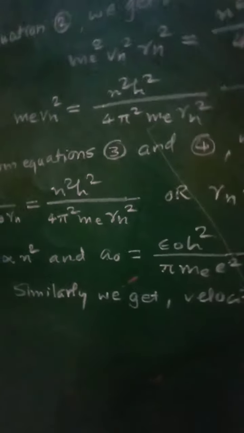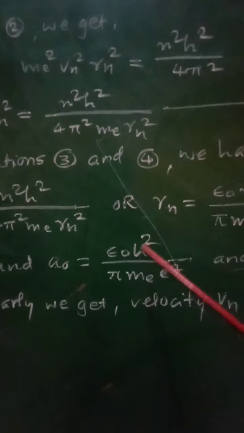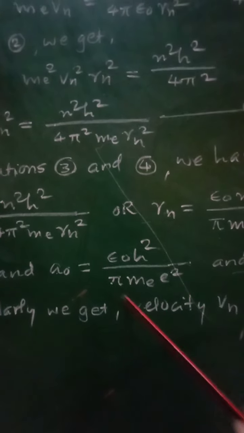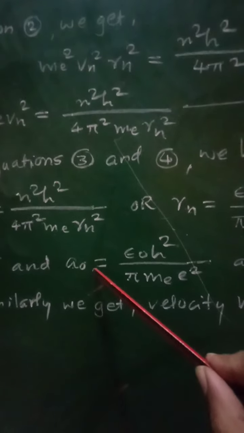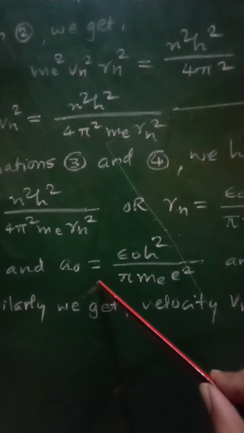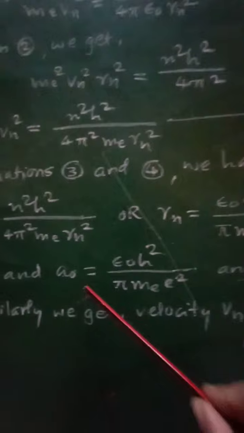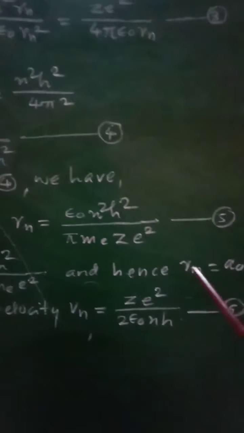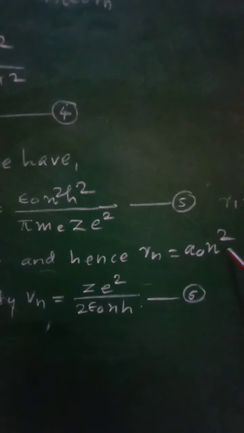And now epsilon 0 h square upon pi me e square, this factor is taken as a0, and hence a0 and Rn are related as Rn equal to a0 n square.